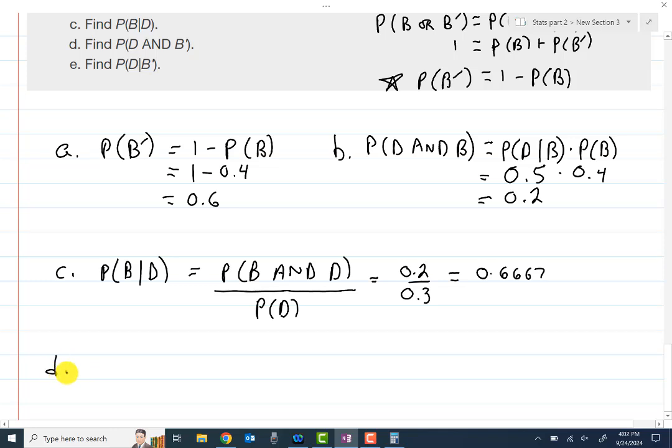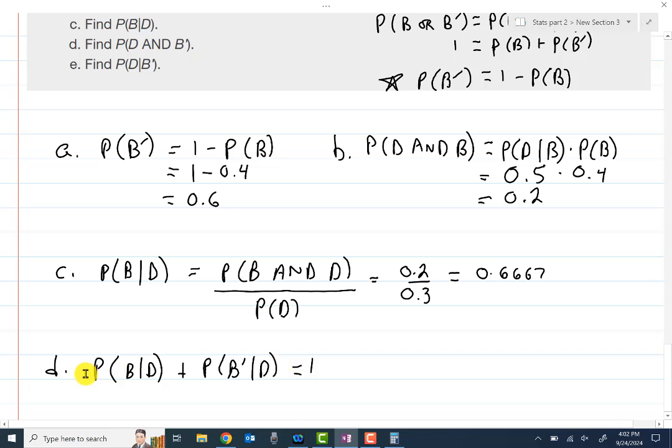Next, the probability of D and B prime. This is important. I want you to think about this. The probability of B given D plus the probability of B prime given D equals 1. Because here's what you have. This is the probability of something happening, and this is the probability of it not happening.